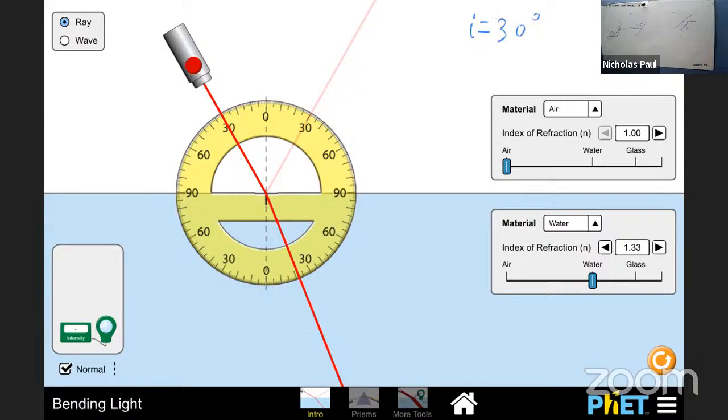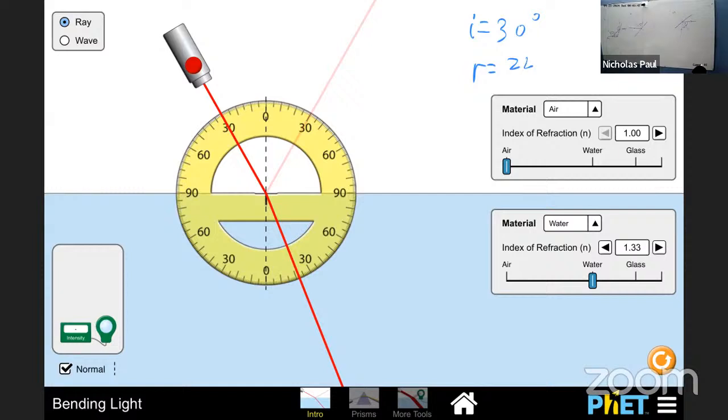Anybody can read off the angle of refraction? You can read it? About 22? About 22. So R is 22.